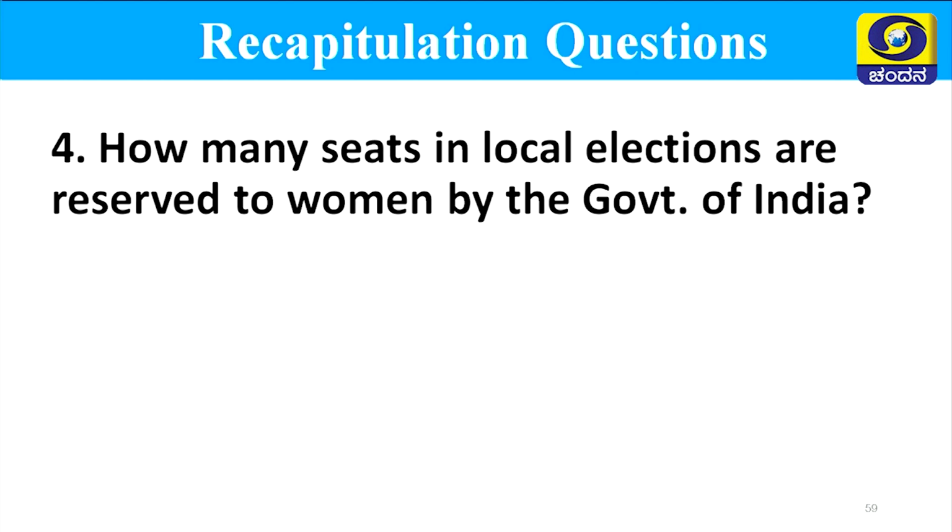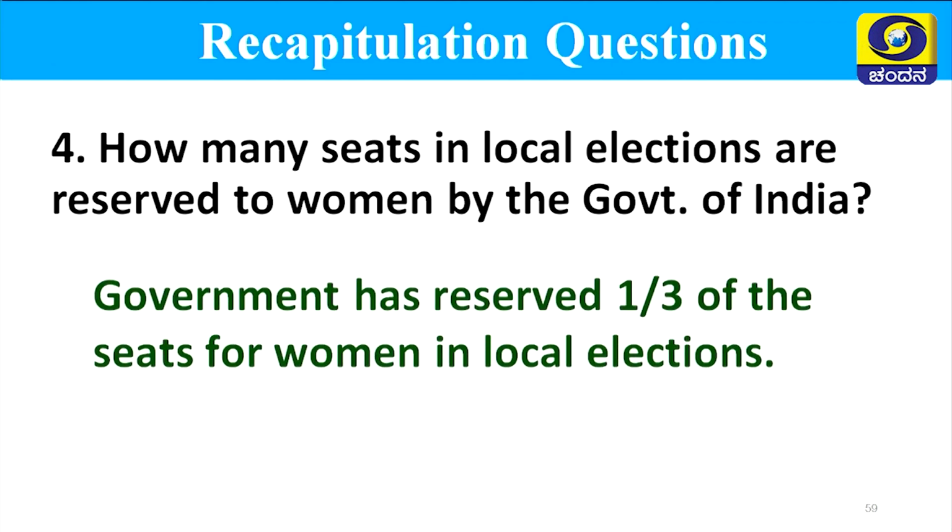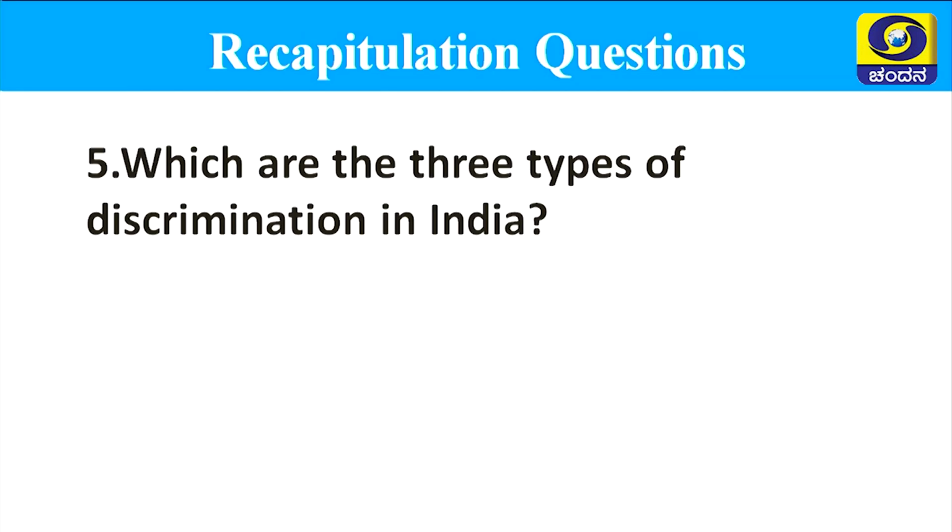How many seats in local elections are reserved for women by the government of India? Yes, I know you are able to answer this question. The government has reserved one-third of the seats for women in local elections. Yes, next question. Which are the three types of discrimination in India?